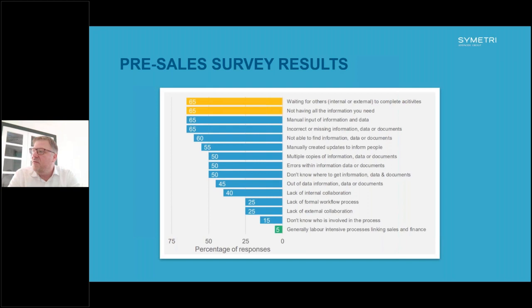And what we find is the top 5, 6 items are always really similar from one company to another. These are the issues that most companies face. And I'm sure as you look at that, you'll recognize some of them. But it's really interesting, the top 2 are most commonly the top 2: waiting for people to do their jobs and not having all the information you need to do your job effectively.